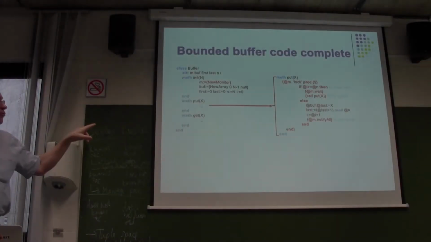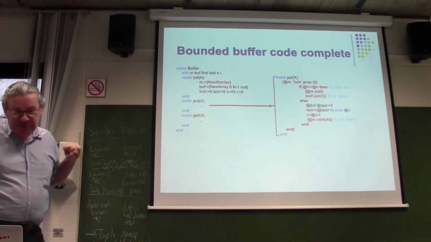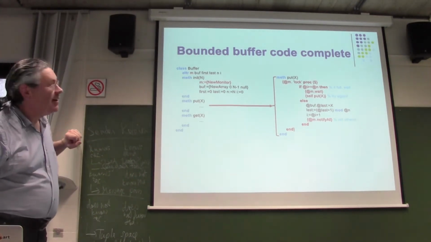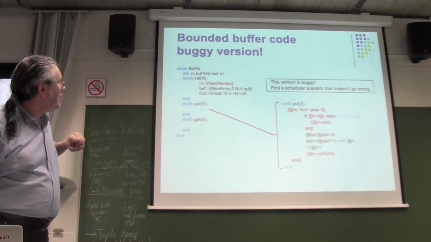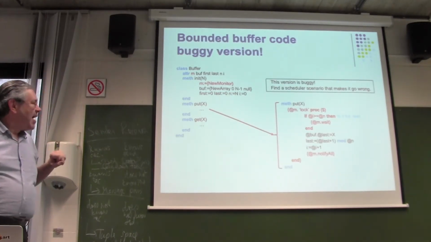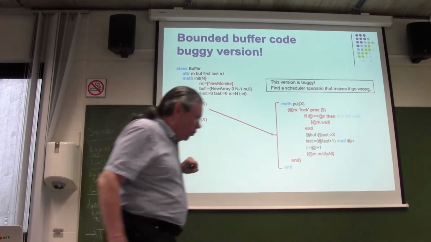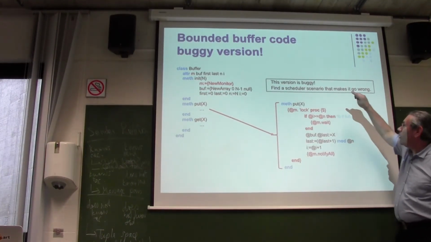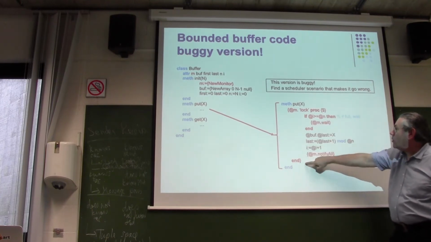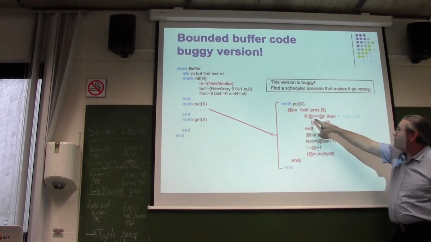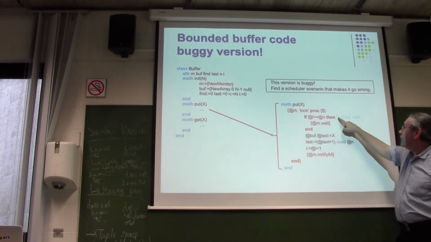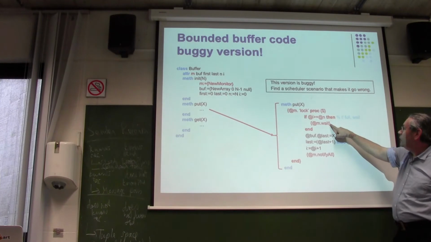This code is right, but to explain why it's right, let me show you a buggy version, which is this one. And I want to ask you now why it's buggy. Here I have a put, okay. I again have a lock. If the buffer is full, i is greater than or equal to n, then wait.